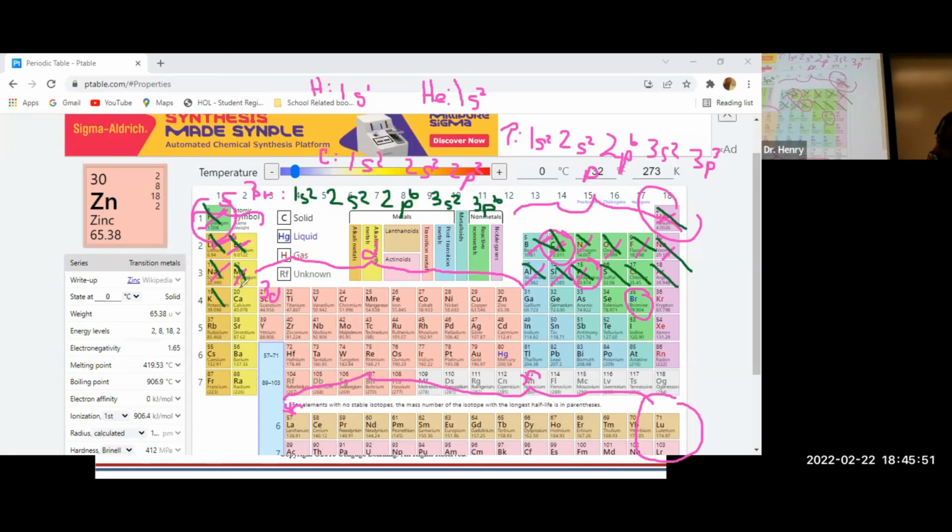Then 4s2. 3d10. And then 1, 2, 3, 4, 5. 4p5.